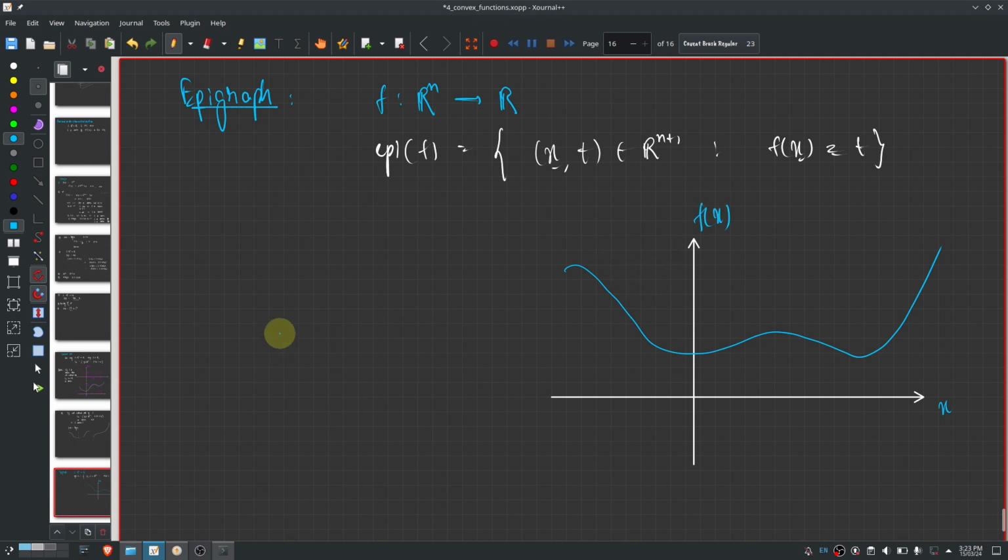Correct? So in this case, if we just write down this definition, the epigraph of f is simply the set of all x comma y such that f of x is less than or equal to y, or y is greater than or equal to f of x. So y equal to f of x just gives me this curve. Y greater than or equal to f of x gives me the entire region above the curve. So the epigraph is nothing but the entire region above the curve.